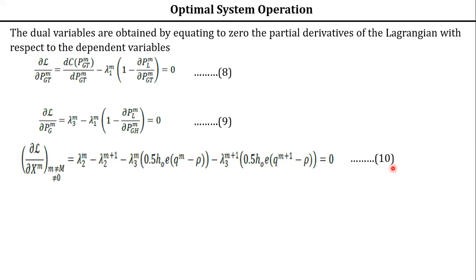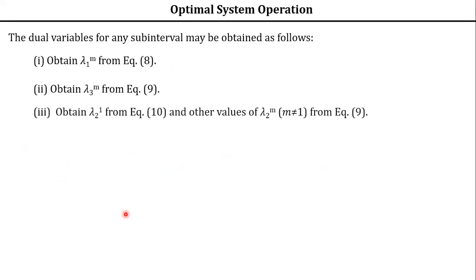So this is your equation 10. Now you can see, go back and see 8, 9. Then lambda 2 1m from equation 10 we are getting it, and other values of lambda 2m are from equation 10. Okay, wait, I will check the equations. I think the equations are mismatching.